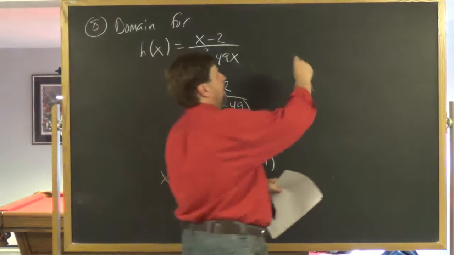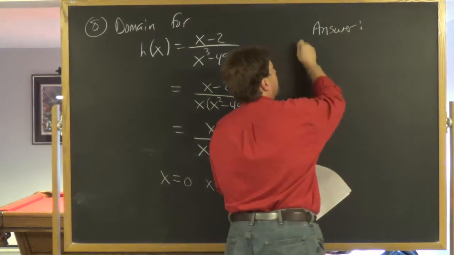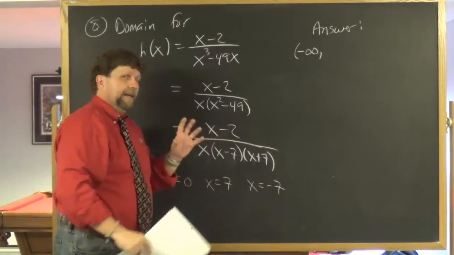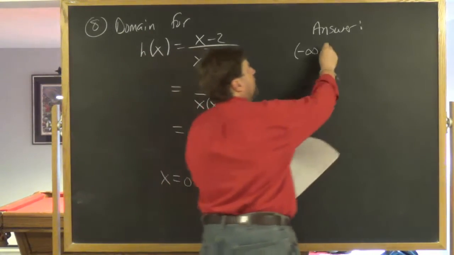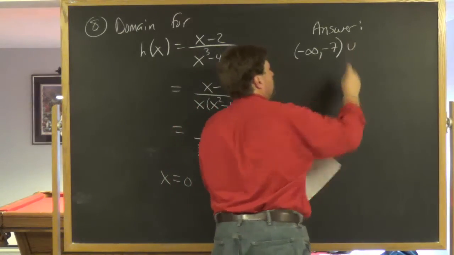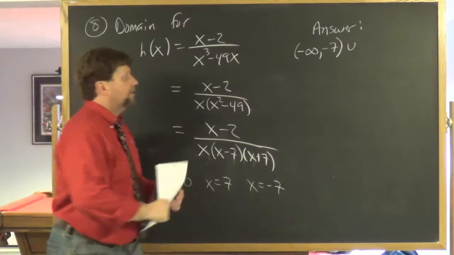So here's how I'll write my answer in interval notation. I can pick any number from negative infinity up to negative 7, but don't include negative 7. Union with any number from negative 7 to 0.